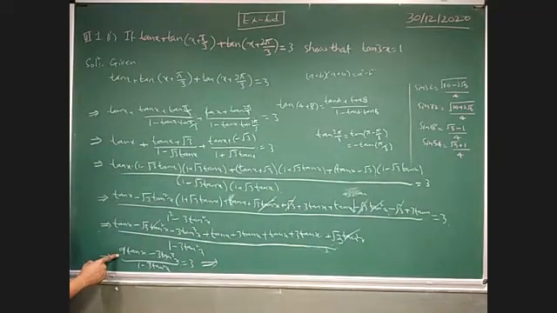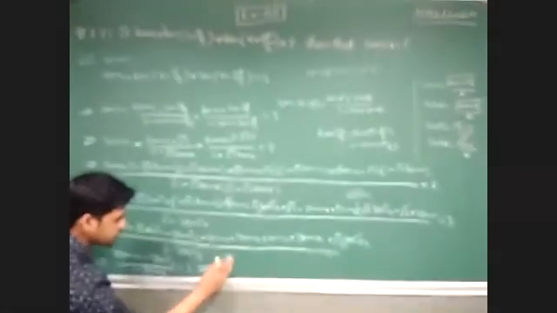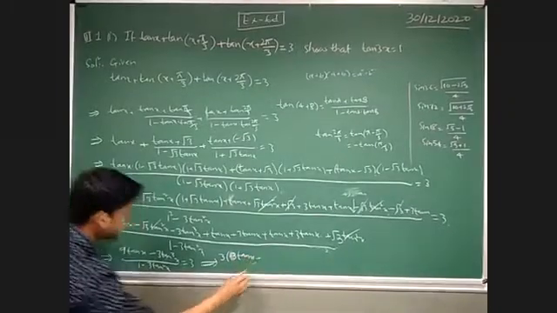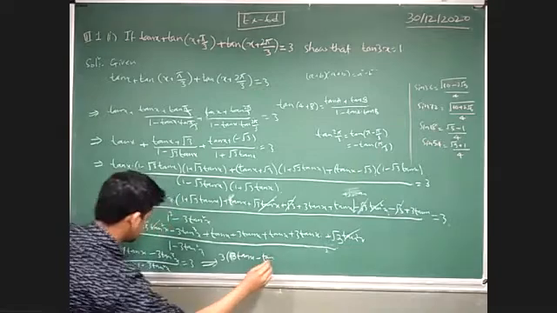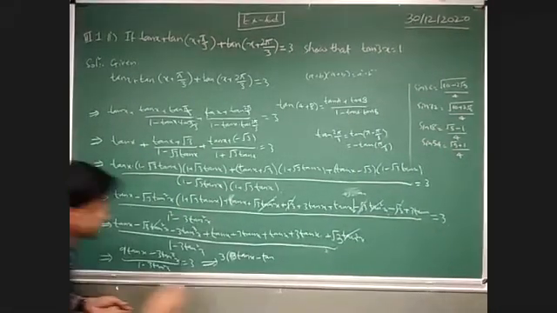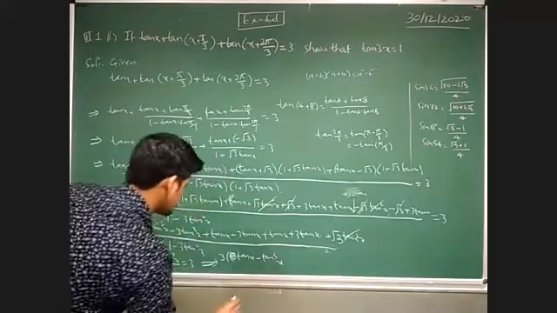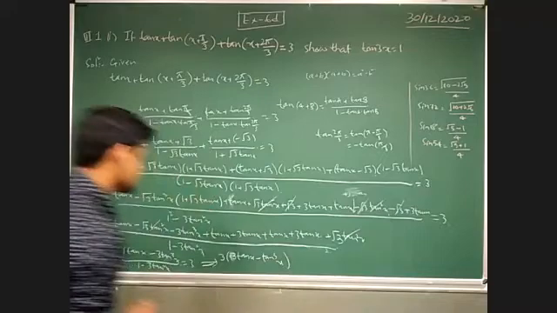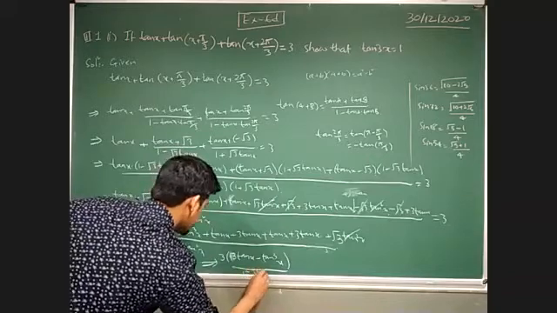If I take 3 common here, I will get 3 tan x minus tan cube x over one minus 3 tan square x.